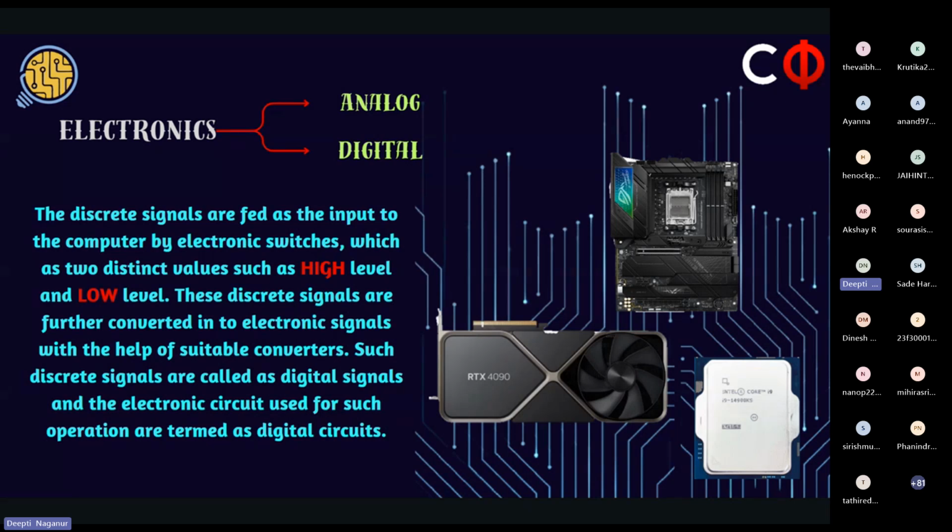Such discrete signals are called digital signals, and the electronic circuits used for such operation are termed digital circuits. The key word in this whole paragraph is the word discrete. So what do I mean when I say discrete signal? Specific signal, or signals that carry only specific values. And that is, as I mentioned, switch on and switch off, or basically high and low level.